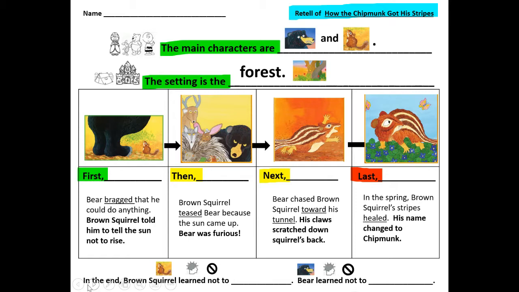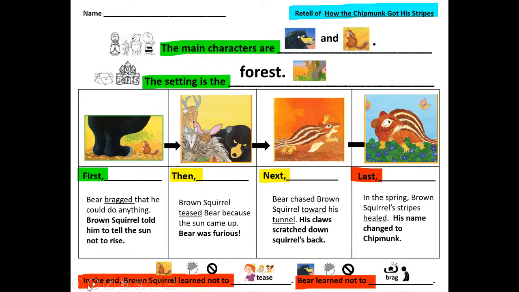His name changed to Chipmunk. So in the end, Brown Squirrel learned not to tease. That was one of our vocabulary words. And Bear learned not to brag. That's another one of our vocabulary words.